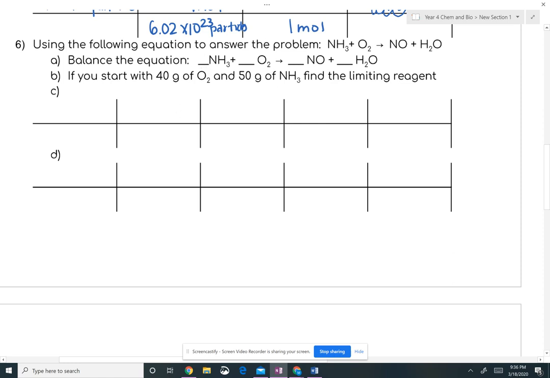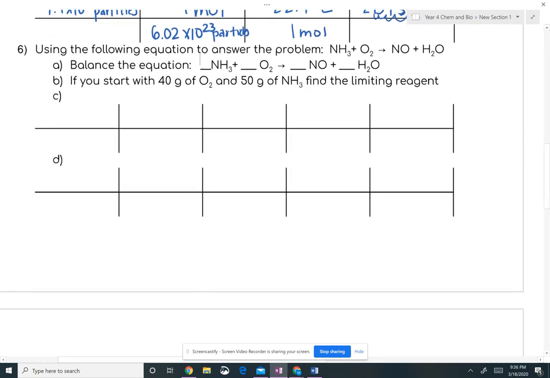So then we're going to work through this again, and we're going to increase the amount of hydrogens. I'm going to try a 4. 4 won't work because 4 times 2 is 8 and nothing times 3 is 8.